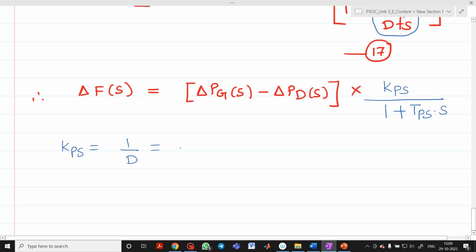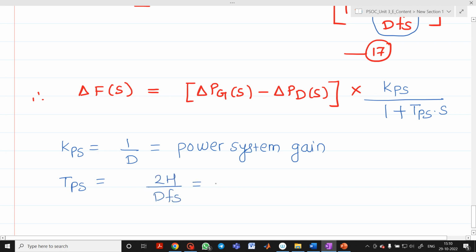It is called the power system gain. PS stands for power system. And this Tps is equal to 2h upon d into Fs, which is the power system time constant.